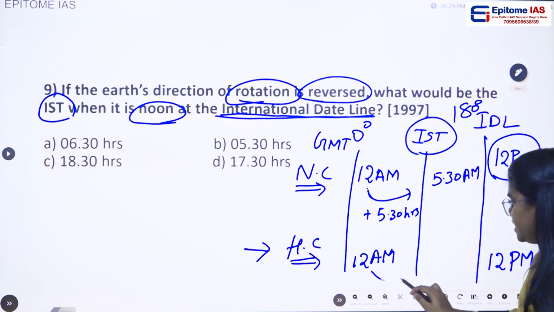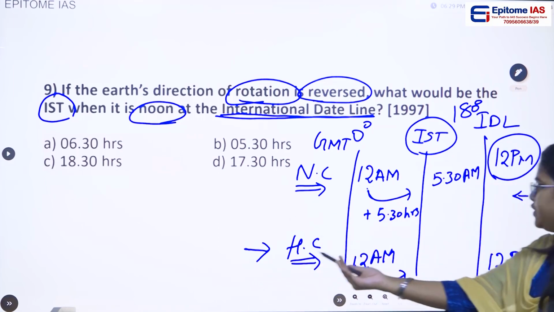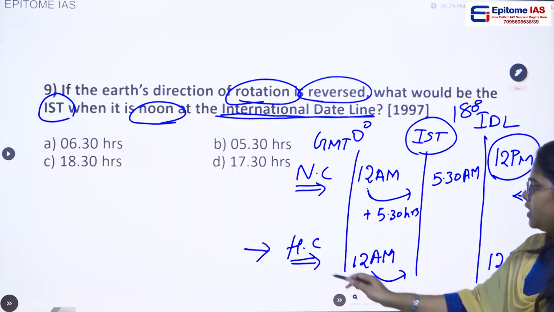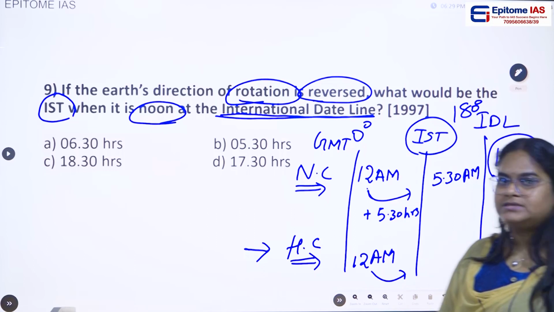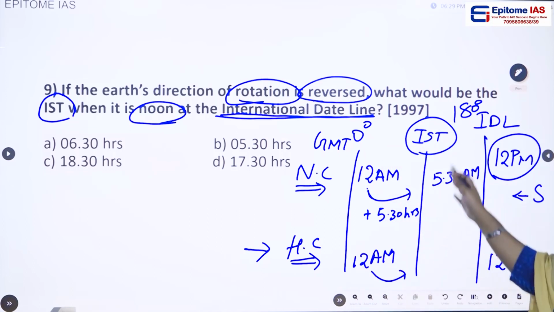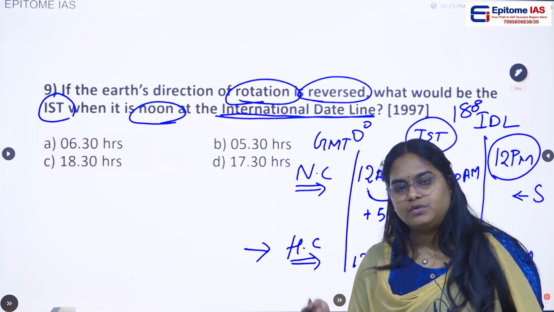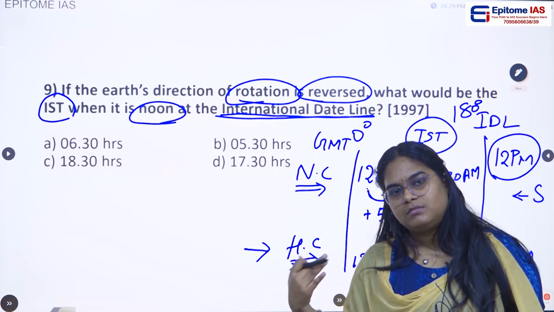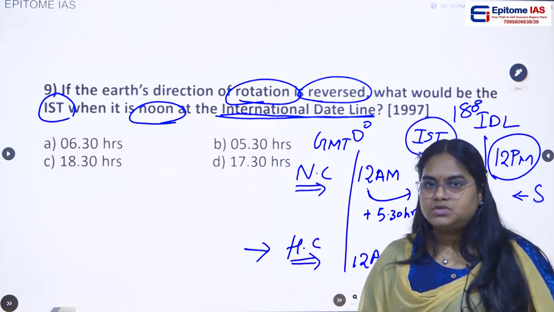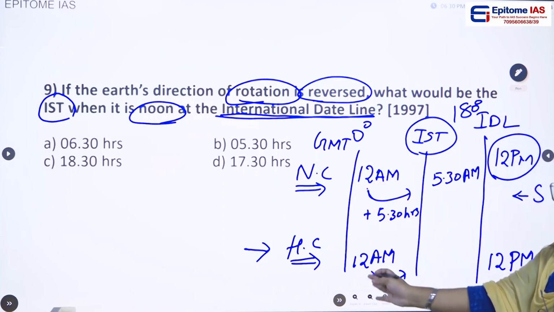But in the hypothetical case, because the Sun is rising from the west and going towards the east, the people in the western side are going to face the sunrise first, and the people at IST or the international dateline longitude are going to face the sunrise much later compared to the people in the western side. So we are going to be behind the time compared to the GMT.